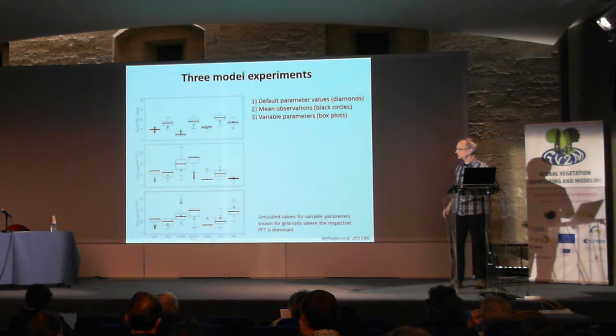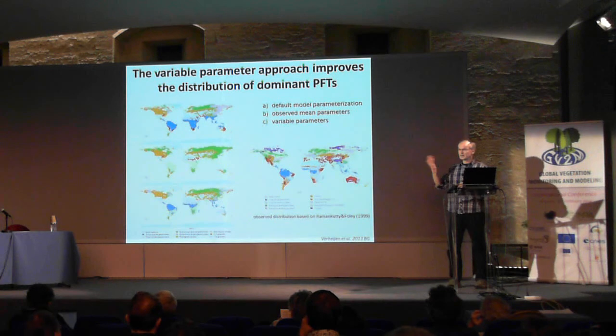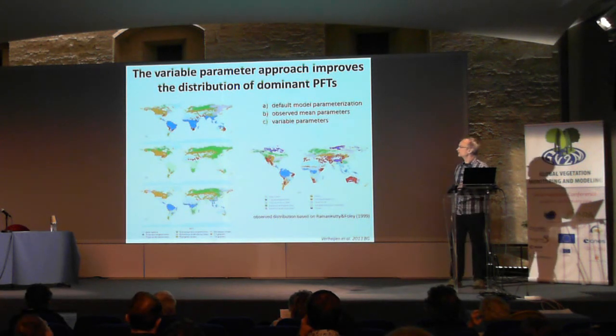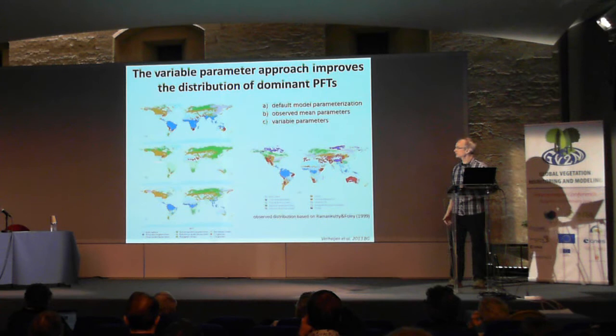Then we did 3 experiments, which I will not go into in detail. By the end of the day, and probably after a lot of work, which I did not do myself, we found that the variable parameter approach improved the distribution of dominant plant types. Here you have the original distribution of dominant plant types. If you just take the mean of traits, this did not improve.